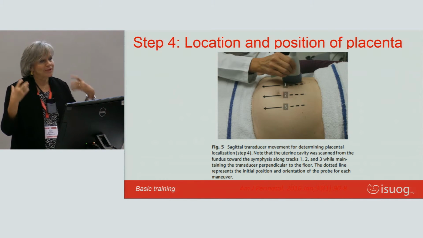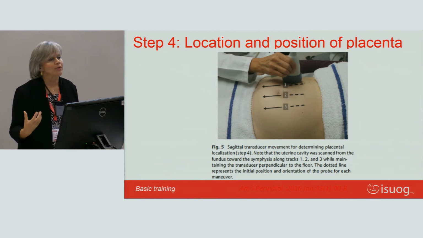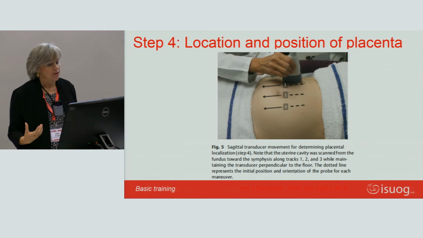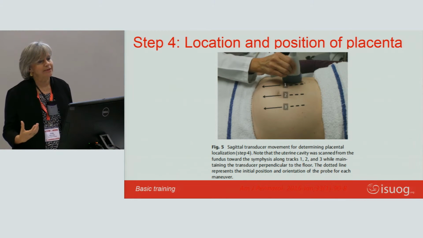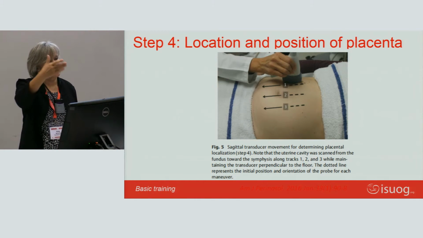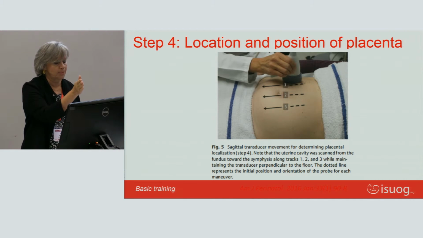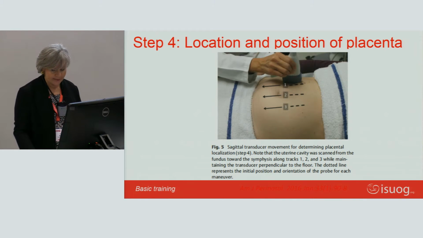And then, with the same kind of approach, we can also identify the placental position. With the placenta, we will rather start from the fundal height, and from the fundus, with the probe not anymore in a transversal but in a sagittal position, we will navigate along the uterus in three ideal lines.